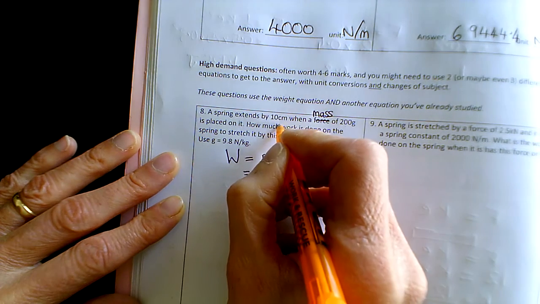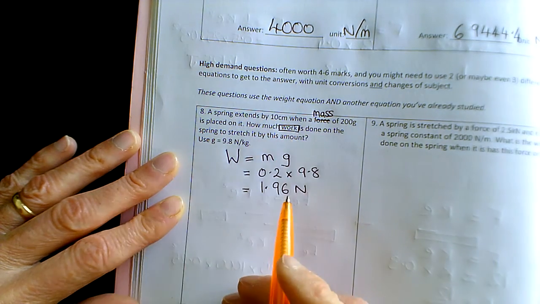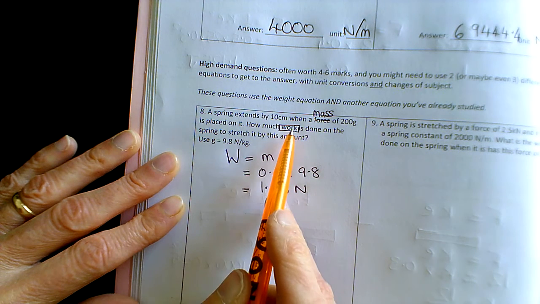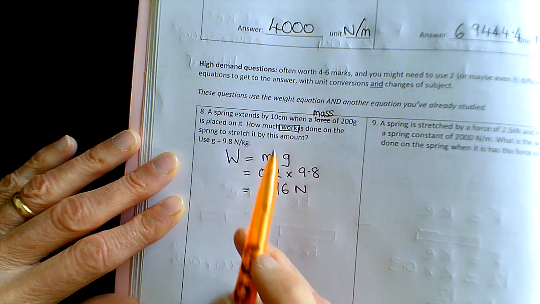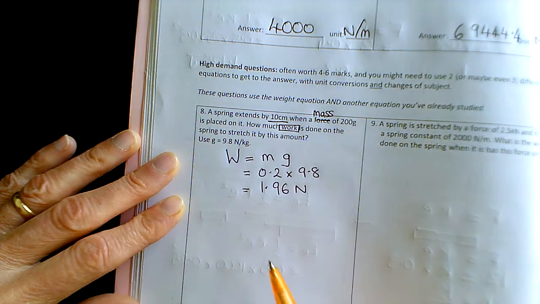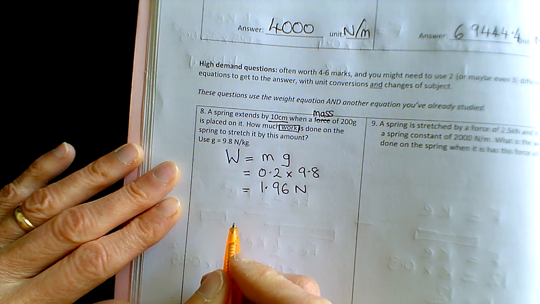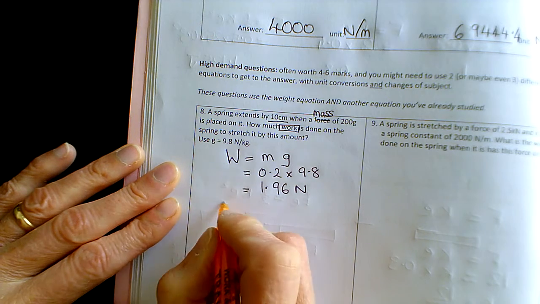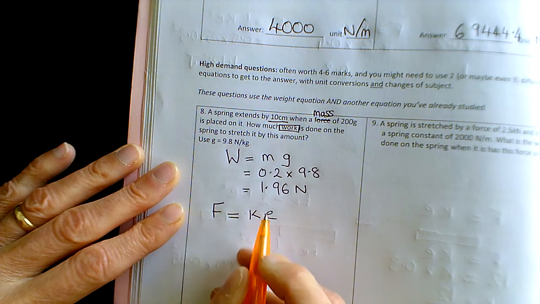The question is asking you for how much work is done, so it's basically asking you for the elastic potential energy. But in order to find that, you've now got to find the spring constant. You're given the extension, 10 centimetres, but you've got to work out the spring constant first. So you're going to use F equals KE next.